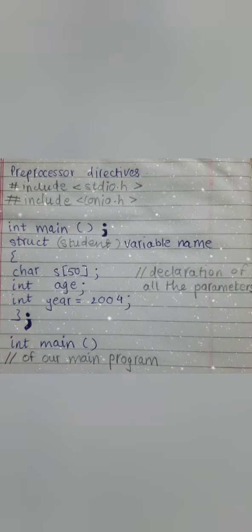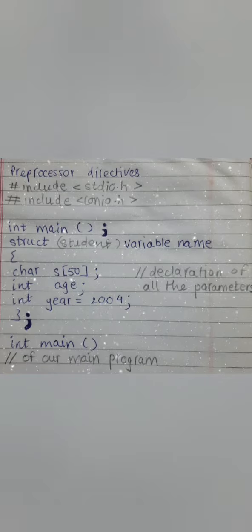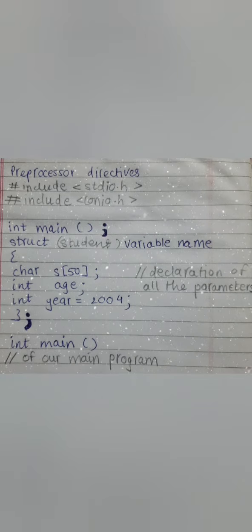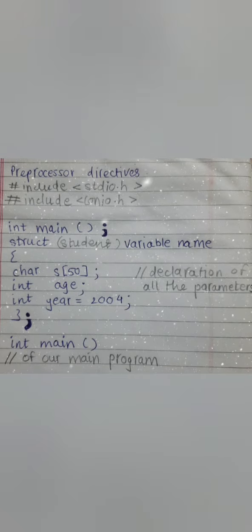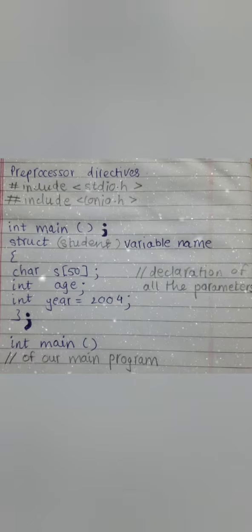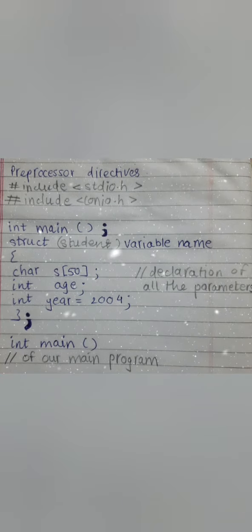Let us now see how to declare a structure with several parameters in it. As usual, we will start our program with the inclusion of preprocessor directives which are #include <stdio.h> and #include <conio.h>. After that, we will write int main(), and here instead of making use of opening curly braces, we will give a semicolon.